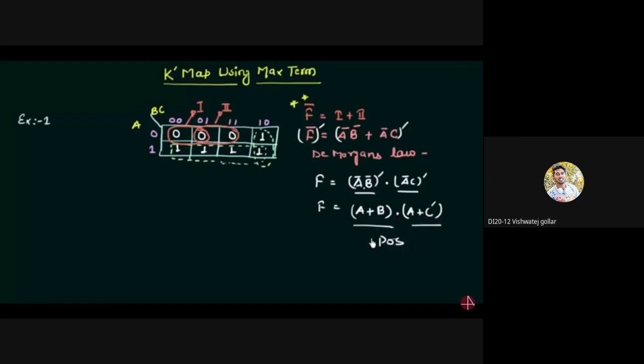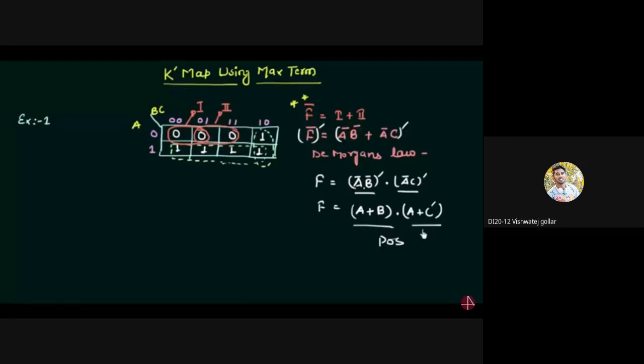Actually, this is the name given, but actually there is nothing like the sum and nothing like the product. It's just a representation. It looked like our mathematical sum and then its product, but actually it's OR operator and this is AND operator. So this is how we can get our function by using the zeros, and this is called K-map using maxterm.